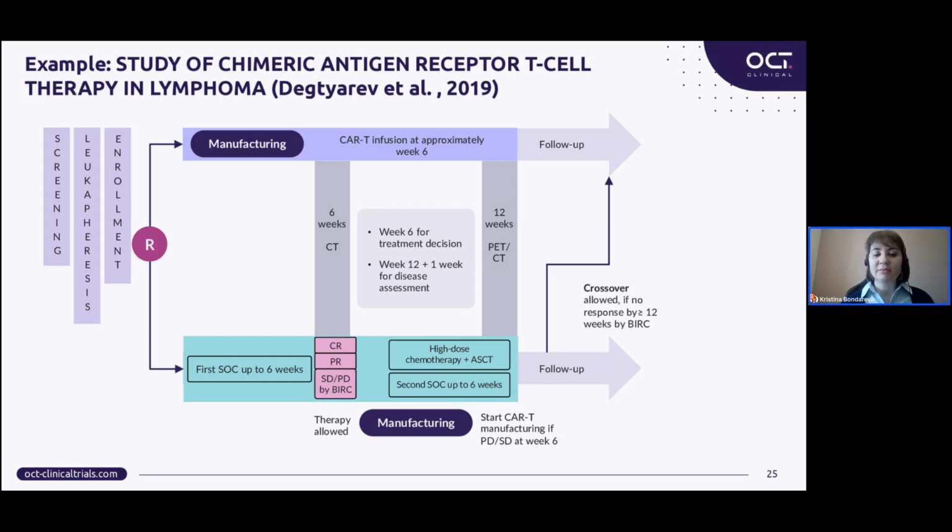When a patient who has been treated with rituximab, cyclophosphamide, doxorubicin, vincristine, and prednisone develops a recurrence, this patient could be treated with either standard of care, which is autologous stem cell transplantation, or he or she could receive an investigational personalized CAR-T therapy, currently approved to treat patients with diffuse large B-cell lymphoma in a later setting.